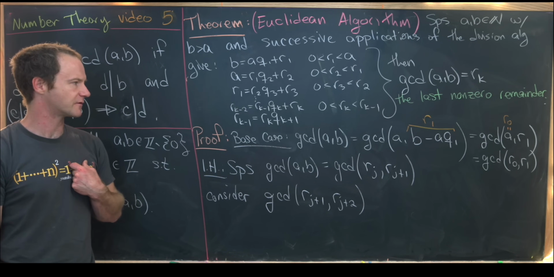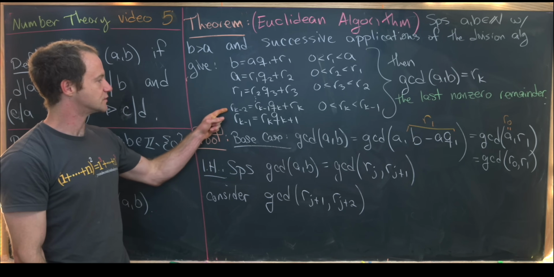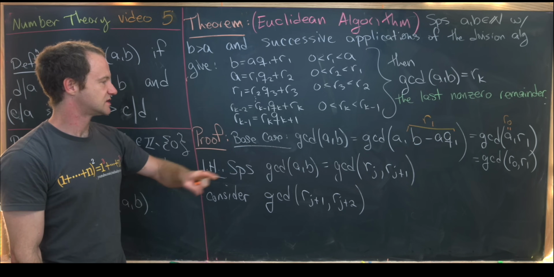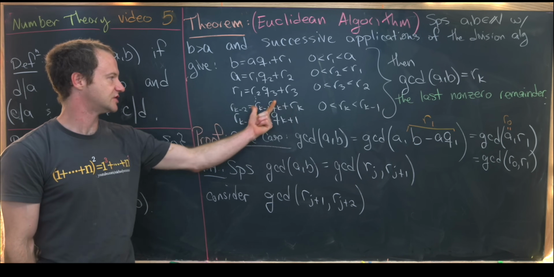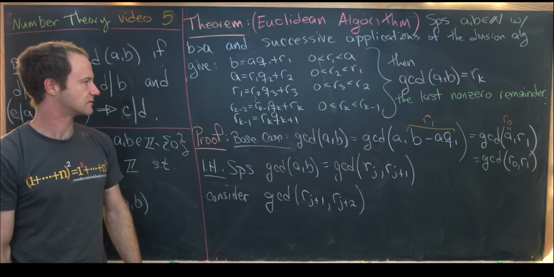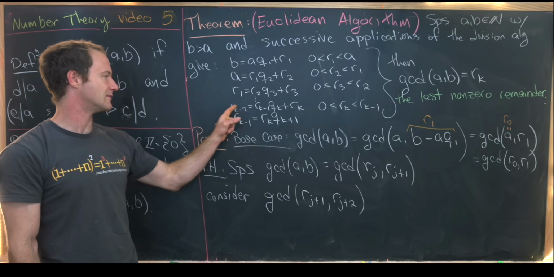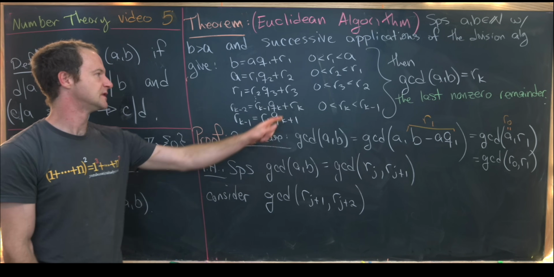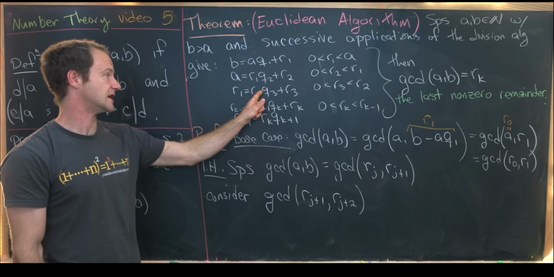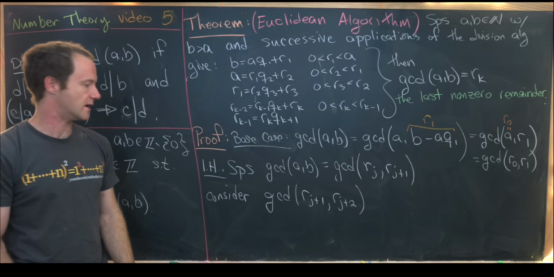Okay, so where can we go from here? Well, we can use one of these equations to solve for Rj plus 2 in terms of lower terms. So notice this could solve Rk in terms of Rk minus 1 and Rk minus 2, just like this could solve R3 in terms of R2 and R1.